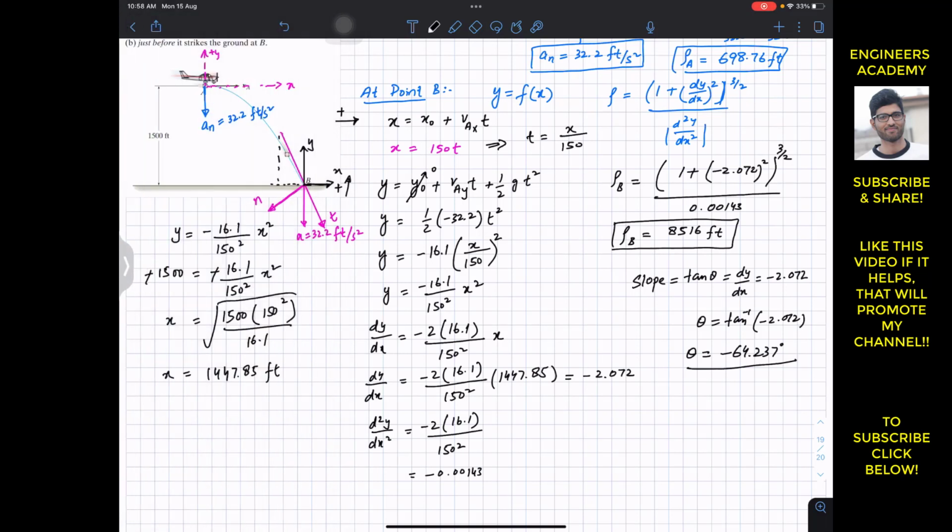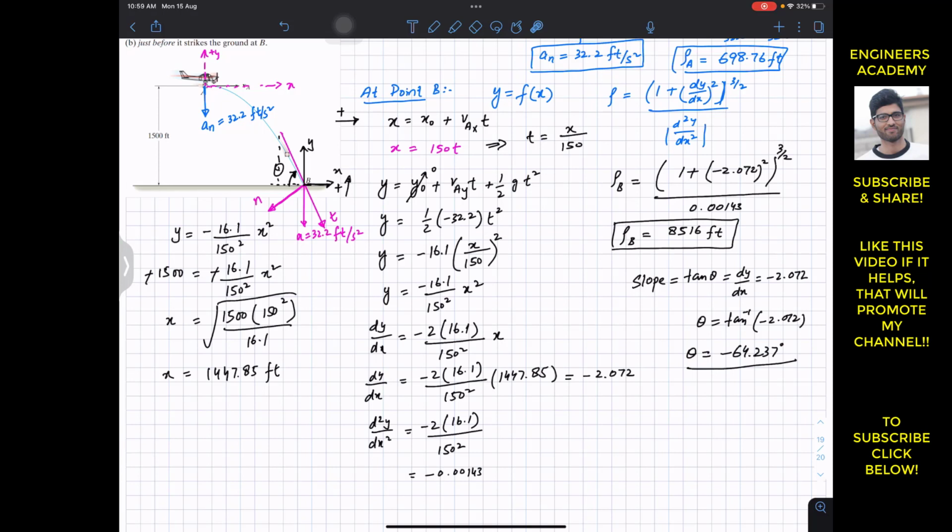So now we know that this is that angle theta, right? And this angle is measured in the clockwise direction, and this angle is equal to minus 64.237. So this tangential axis is making a 64.237 degree angle with the x-axis or with the horizontal.